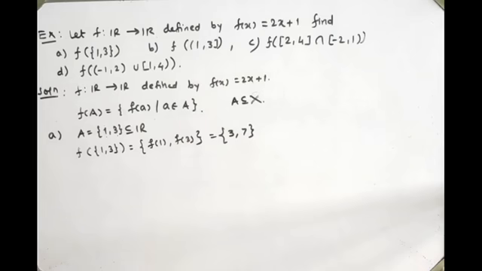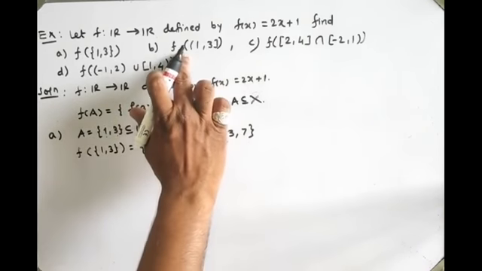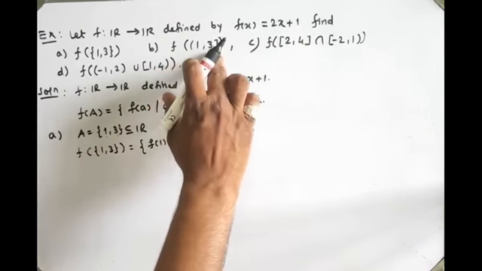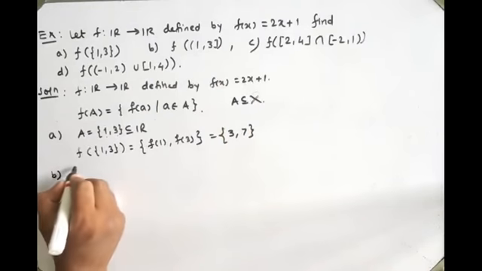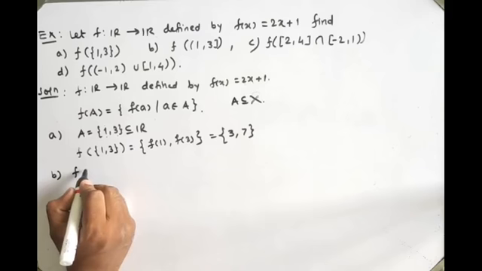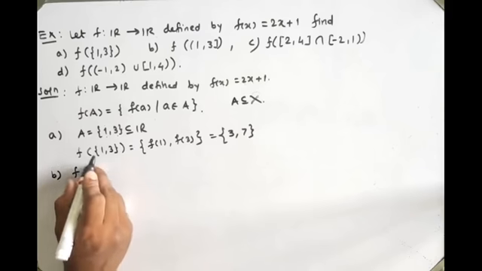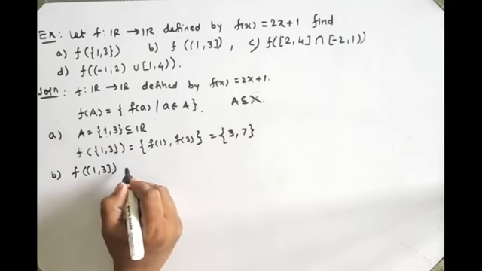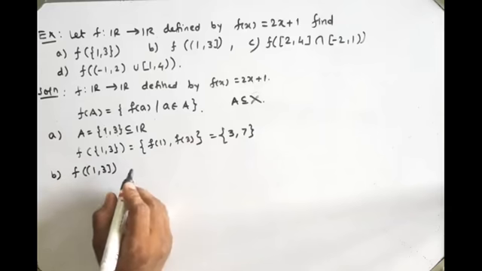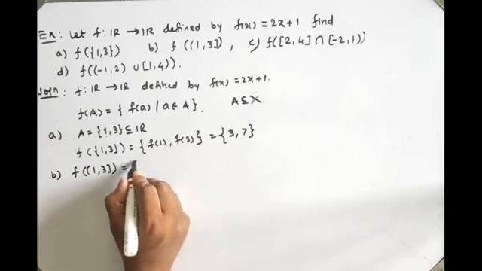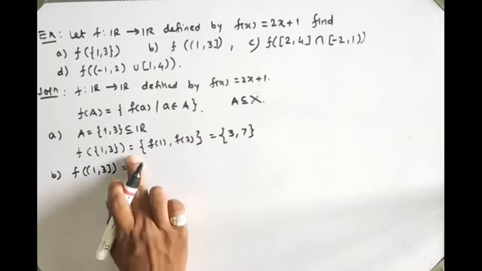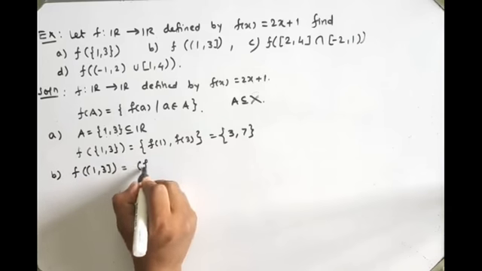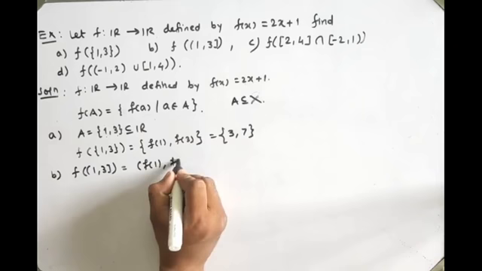Now next, the second one: f of (1, 3]. To find the image of (1, 3], what is the definition? It is the set of all values between f of 1 and f of 3.